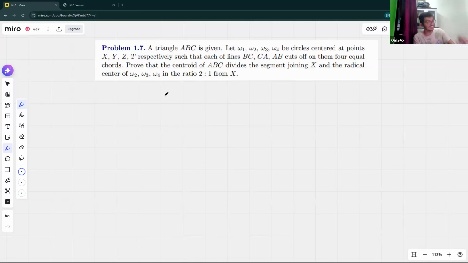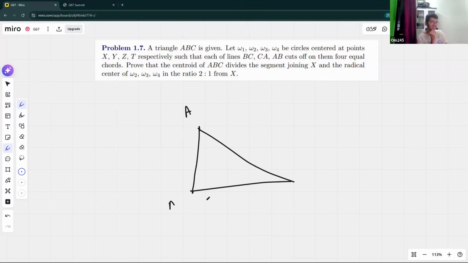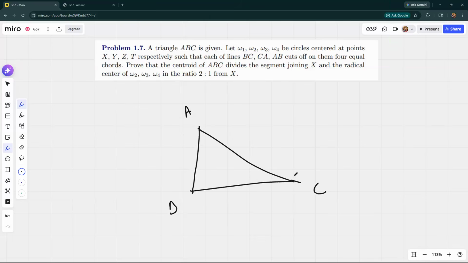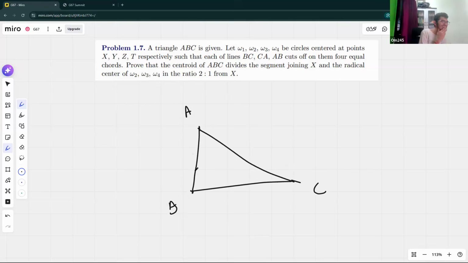Okay, the next statement just doesn't make sense to me. But let's be brave and try to draw a diagram. So we have ABCD and draw the circles. Don't draw the diagram. Fine.